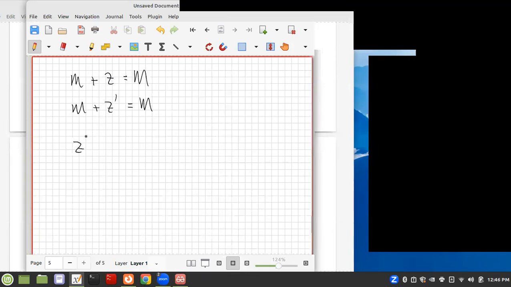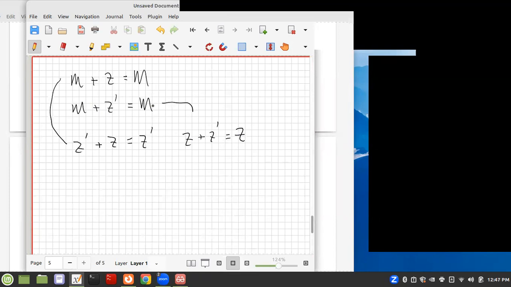We would say Z prime plus Z has to equal Z prime. But we can also apply this form to Z and say Z plus Z prime has to equal Z. We've applied this one to Z and this one to Z prime. But you notice that Z prime plus Z and Z plus Z prime are equal, so it has to be that Z prime equals Z.